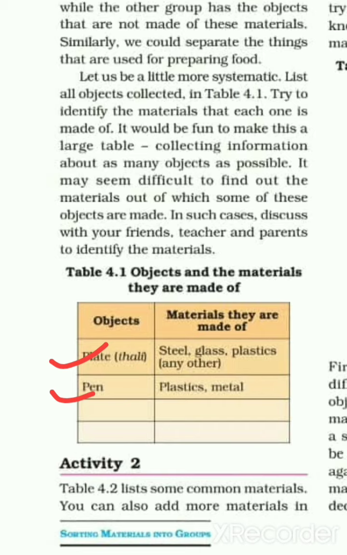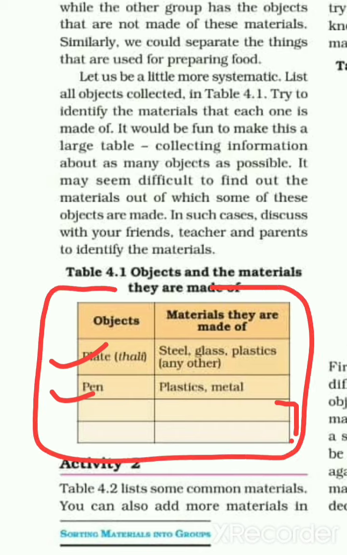If we talk about blackboard, then it is made up from wood and cement. If we talk about compass box, then compass box is made from iron, plastic. So with the help of this table you can understand properly the objects and what they are made of.